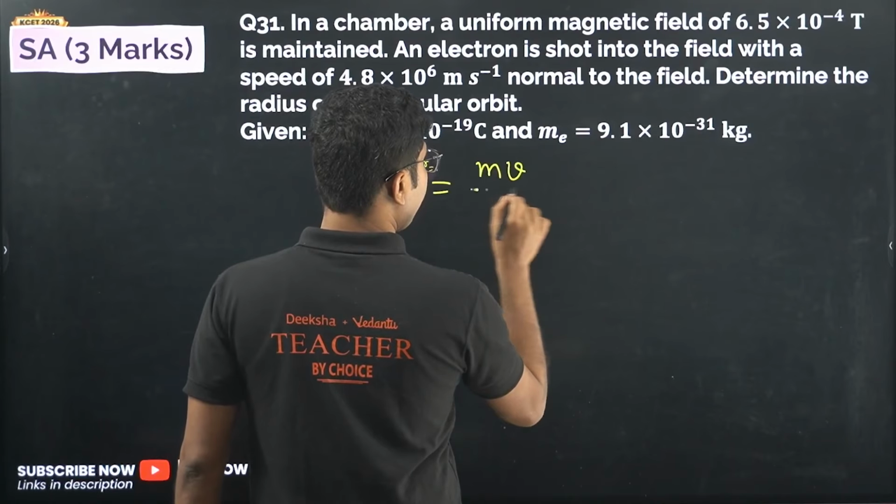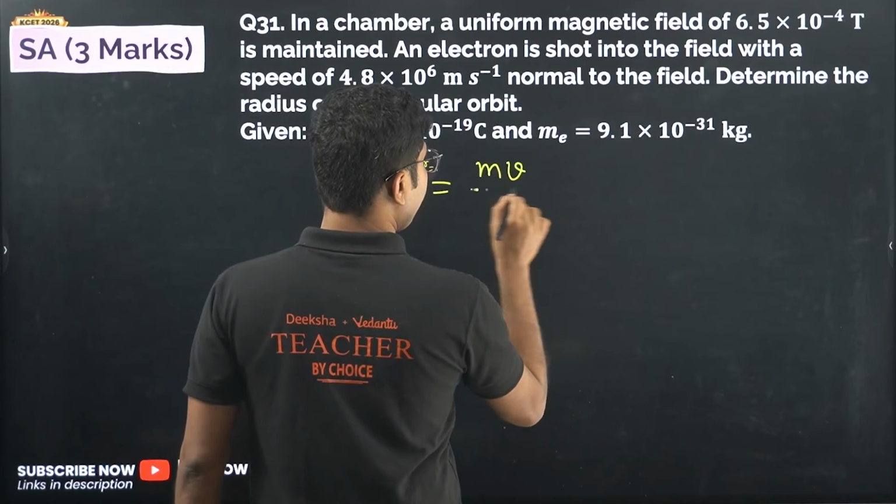So what is m? m is the mass of an electron, which is 9.1 × 10^-31. This formula you have to remember. If you remember this formula, this problem is super easy.